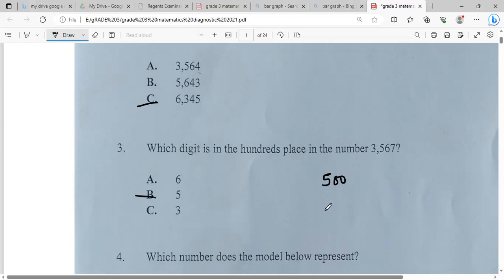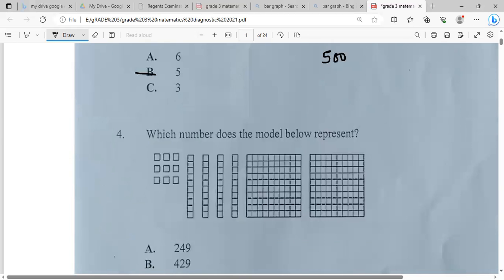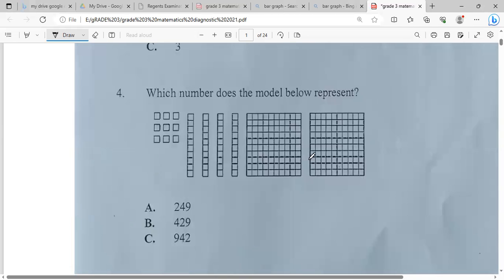All right, let's move on to number 4. Which number does the model below represent? This can be a little bit tricky. We can see that these are 1, 2, 3, 4, 5, 6, 7, 8, 9 single ones. And then you have 1, 2, 3, 4 tens, so that means 4 of them, so that would be 40.